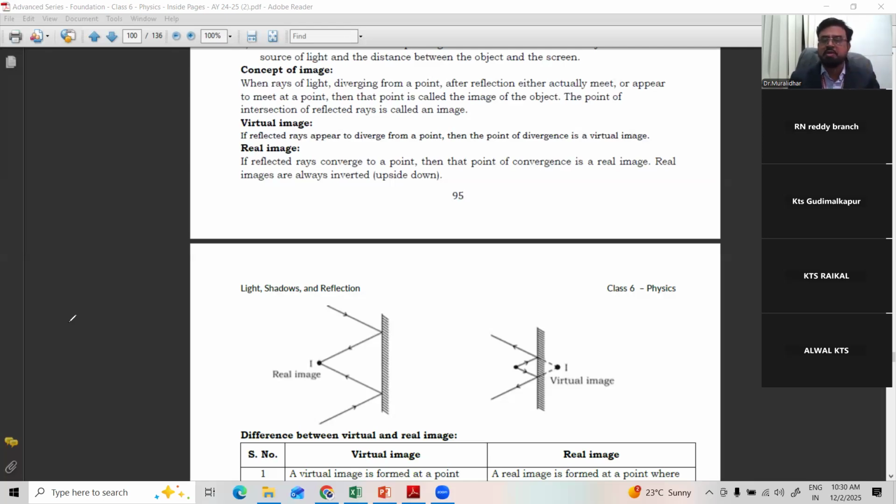So there are two types of images. In detail about these images, we'll see in the next class. See, what I am talking about: suppose I am here as a virtual image. Your teacher in the classroom is a real image. If you want, you can catch your teacher, you can ask your doubts, you can clarify.